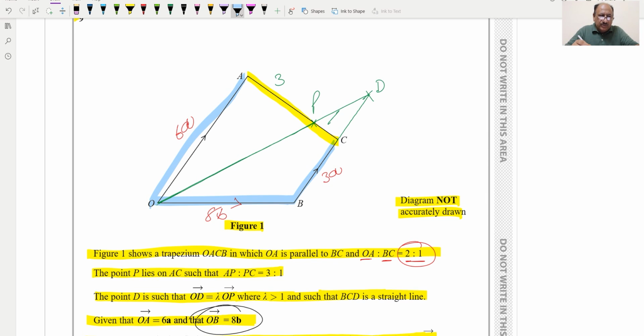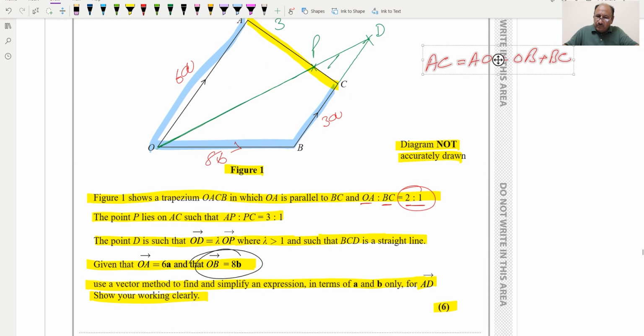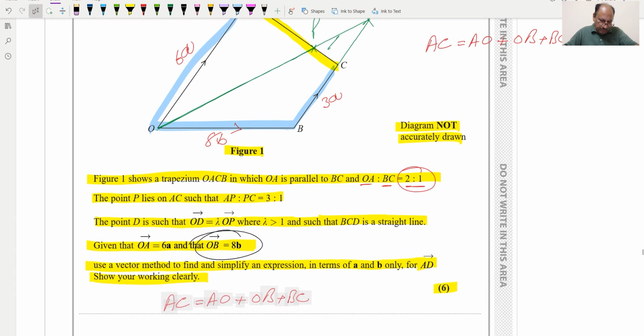We can write AC is equal to AO plus OB plus BC. So this will be basically the equation which we can move over here.